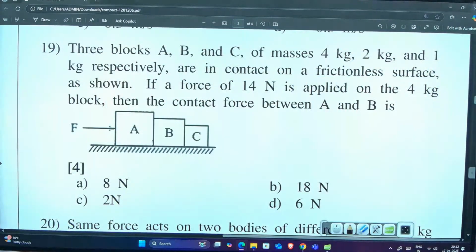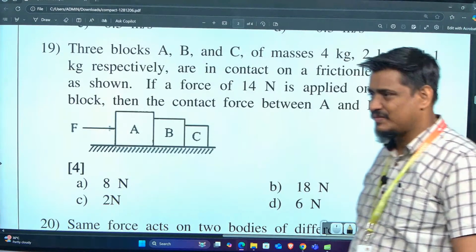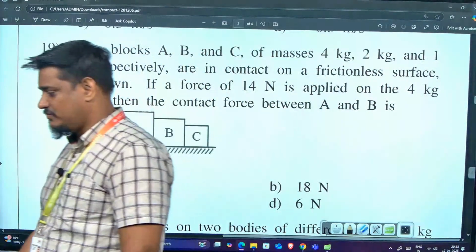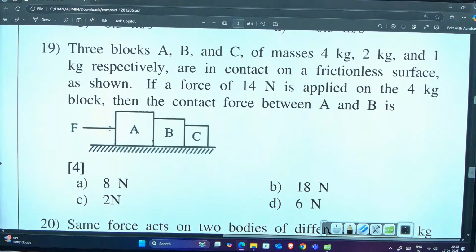Question number 19. Six? Anybody else? Any answer? 6 Newton is the answer told by these people.